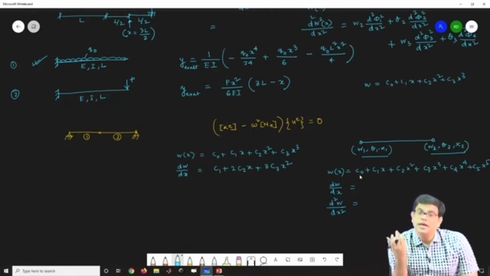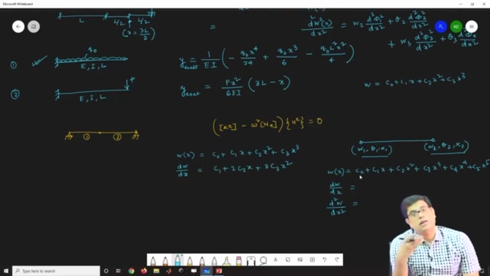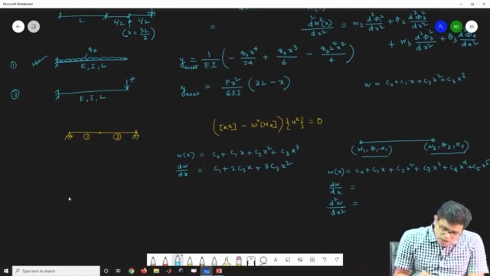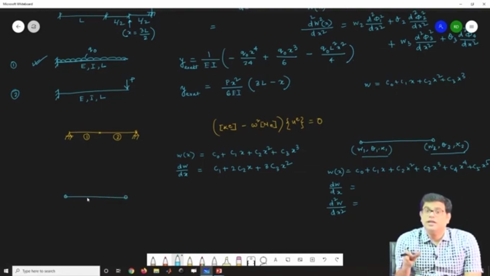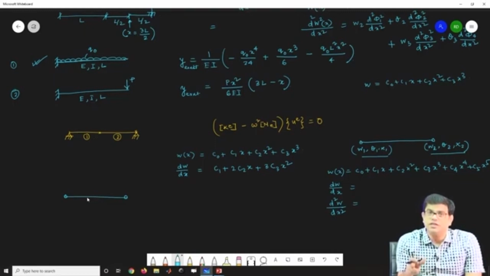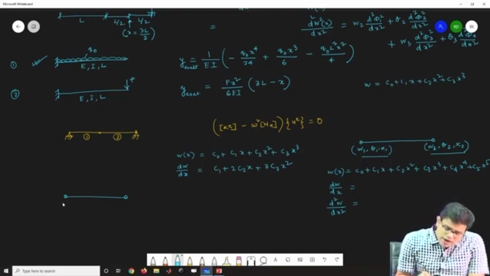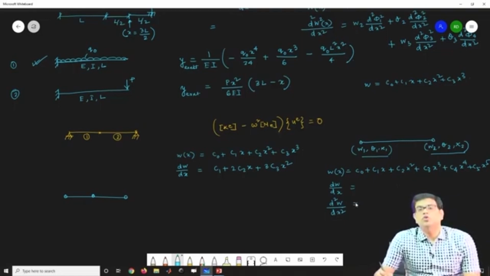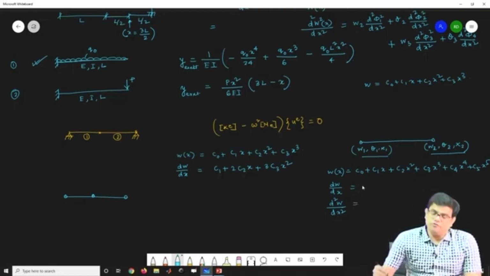Similarly, this is one possibility. Another possibility is, instead of a 2-noded beam element, I can also consider a 3-noded beam element. If I consider this element, where I don't have quadratic Lagrange polynomial or quadratic shape functions, I can also have 3 nodes. Suppose I have a middle node here, then I can use only the first order derivative continuity.